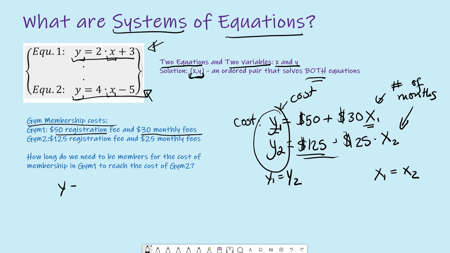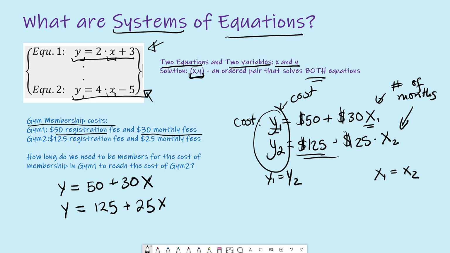And so we'll write y equals 50 plus 30x, and we'll drop the subscript 1, because now we're looking at the same variable for both memberships, right? We want the same cost and the same number of months.